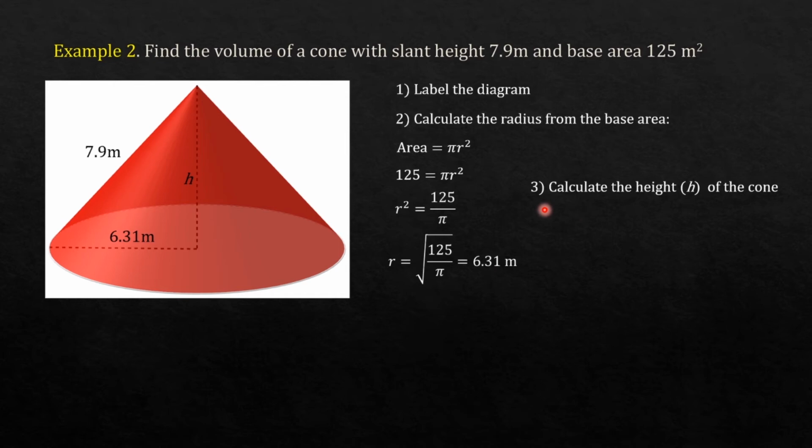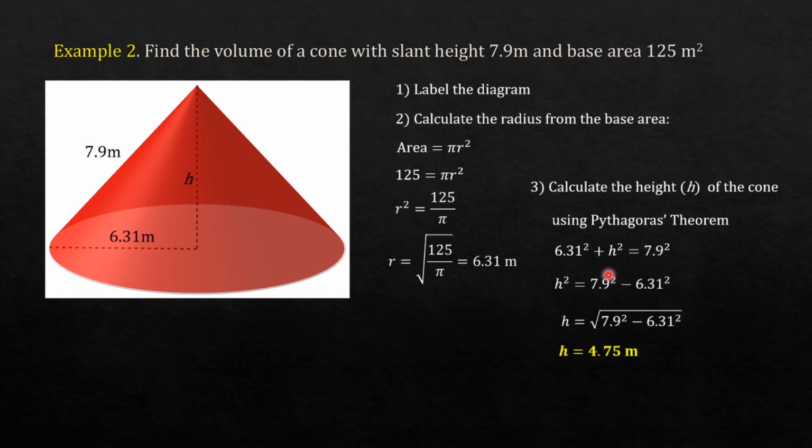Next, we calculate the height of the cone using Pythagoras' theorem. So we'll have 6.31 squared plus h squared equals 7.9 squared. By rearrangement, we'll find the height is 4.75 meters.